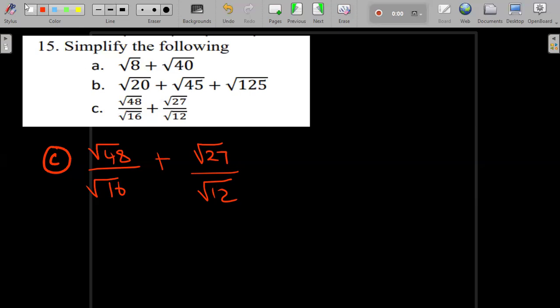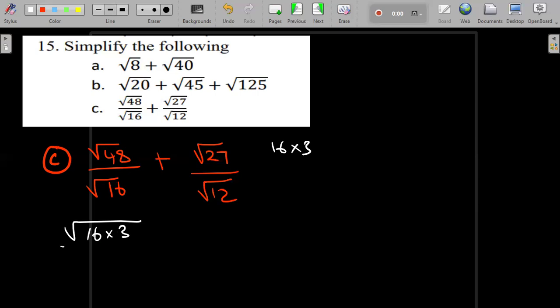We look at the first one there, which is the root of 48. We know that we can write 48 as 16 multiplied by 3. So I'm going to put that there. It would be the root of 16 multiplied by 3. That would be the root of 48 there.